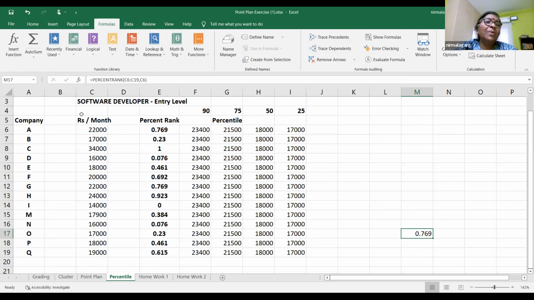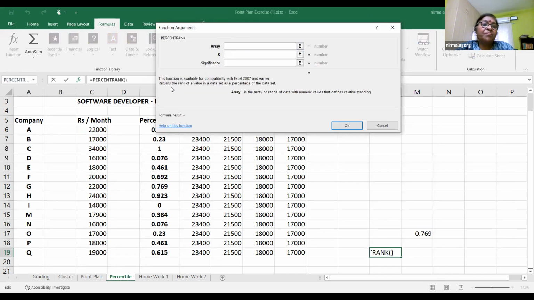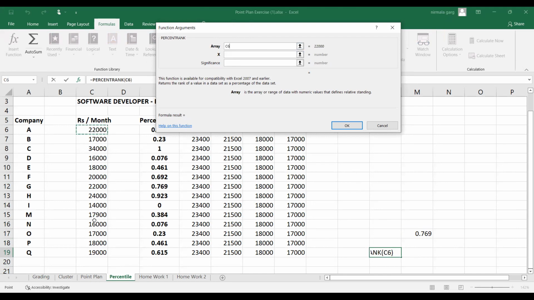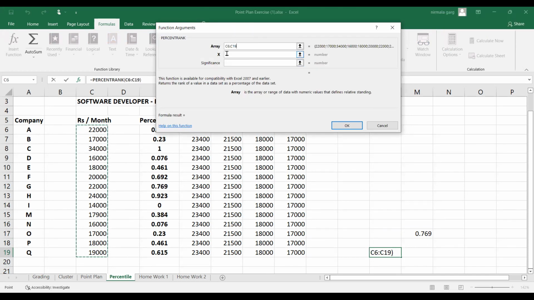Now say for example, I will show another one. Insert function. Okay, percent rank. Array. Range. Array. I'm just showing this so that you all can do it again when I give it to you. Then okay.